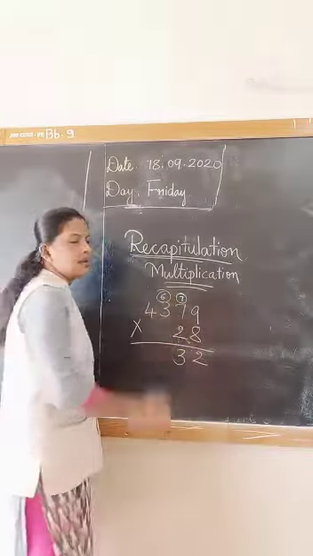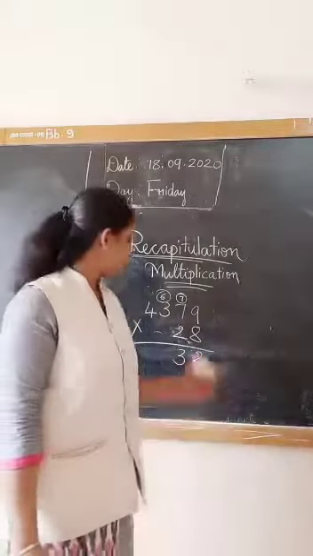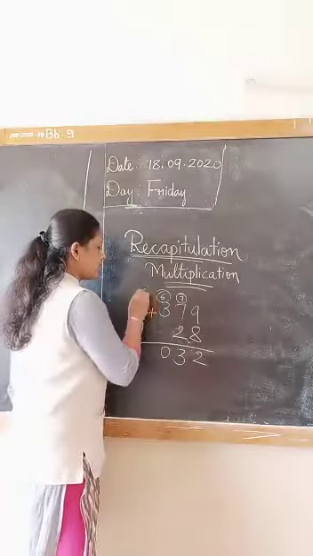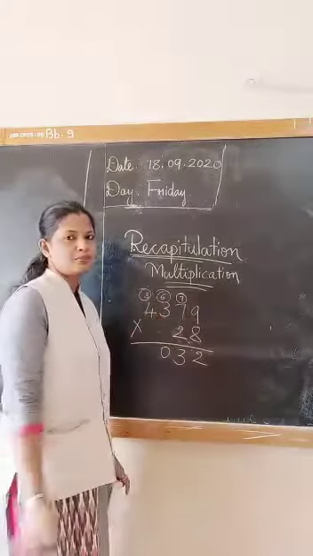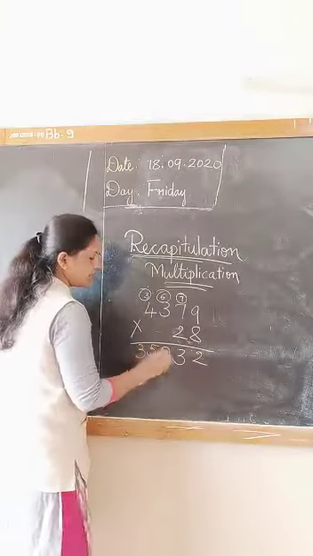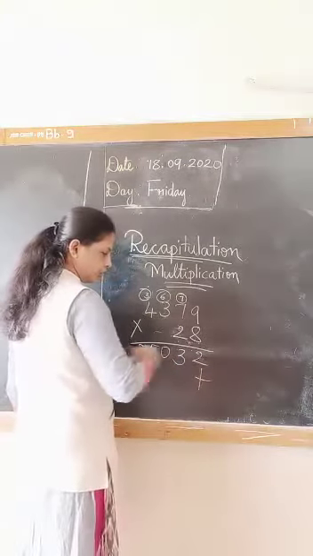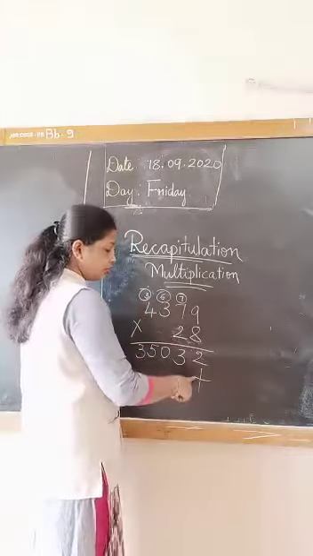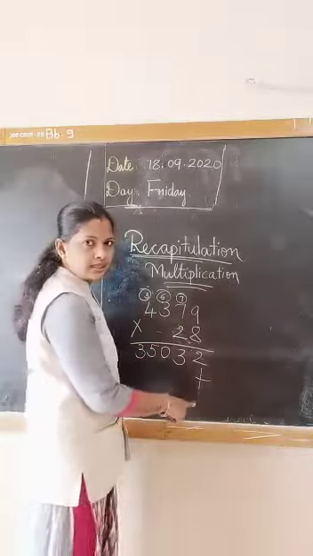So 63. 8 threes are 24 plus 6, 30. Please add and say. 8 fours are 32 plus 3, 35. Now one partial product you got by multiplying by 8. Now your work is to multiply by 2, but you should not forget this plus as well.